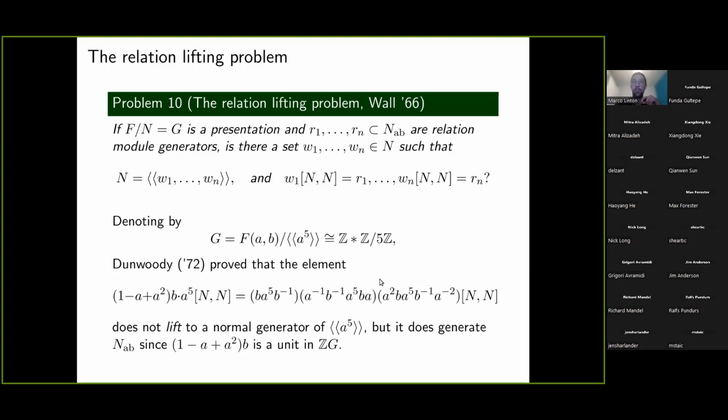This element here, b a^5 b inverse, etc., is not conjugate to a^5 or a^-5. And a^5 is a normal generator of this normal subgroup. So in particular, this element cannot normally generate N. But because the element on the left, 1 minus a plus a squared times b, is a non-trivial unit of the group ring, this element does generate the relation module, because you can just left multiply by the inverse of this unit and you get back to your standard generator.